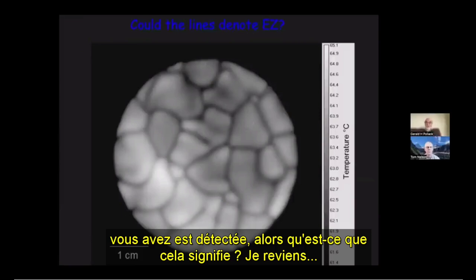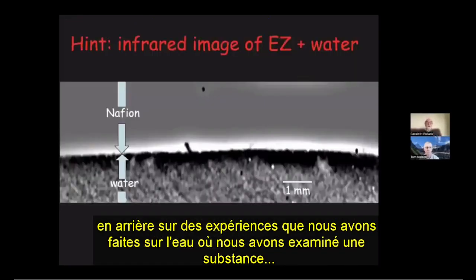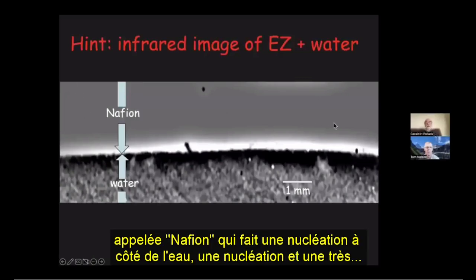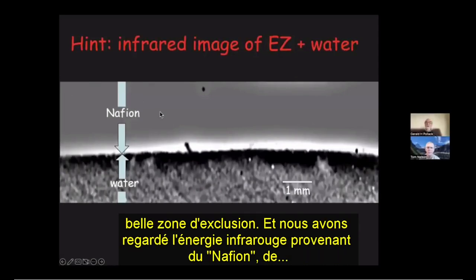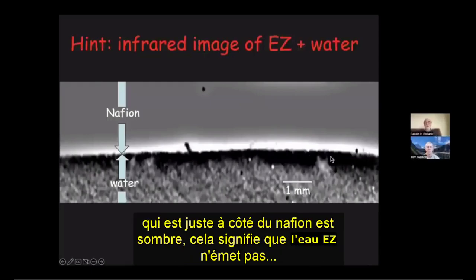And then I go back a couple of years to experiments that we did on water, where we looked at a substance called Nafion, which, sitting next to water, nucleates a very nice exclusion zone. And we looked at the infrared energy coming from the Nafion, the EZ, and the ordinary water. And what you notice here is that the EZ region, which is right adjacent to the Nafion, is dark.